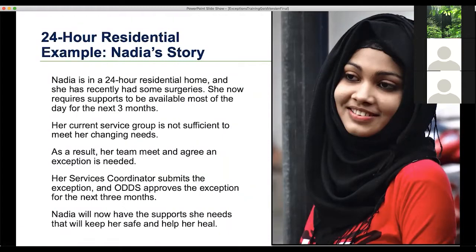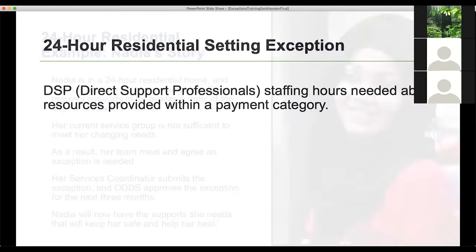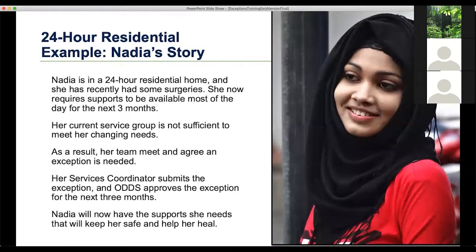They're the person, that role, that then submits the exception request to ODDS. The provider will be CC'd on that and a part of that, but we want to make sure that's clear about roles and responsibilities. And then after that request is submitted, ODDS approves the exception, and it's for a 3-month period. And now she has those supports that she needs to keep her healthy and safe.